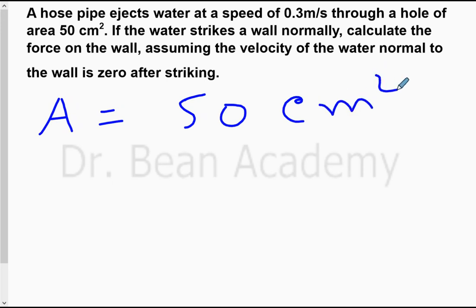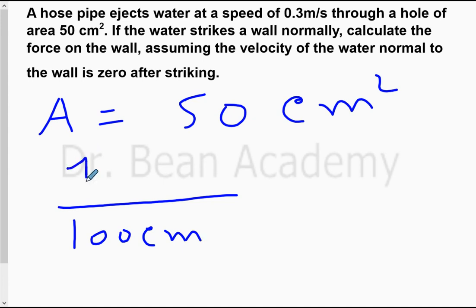So anybody can convert in their own ways, but how I remember is that I can write it like that. I can see that 100 centimeters are 1 meter, but I am interested in square meter.